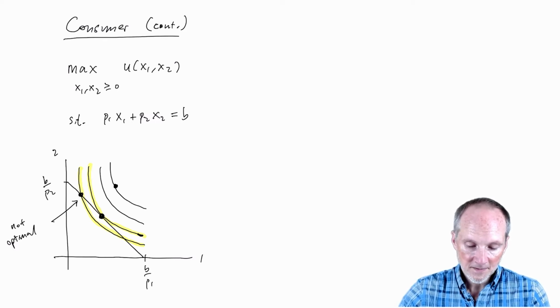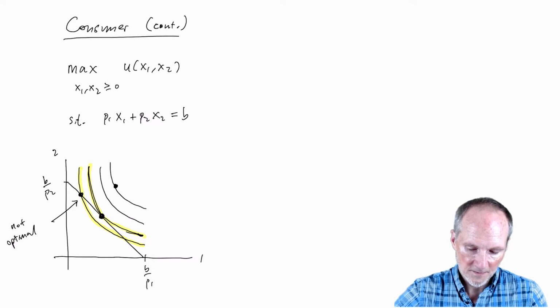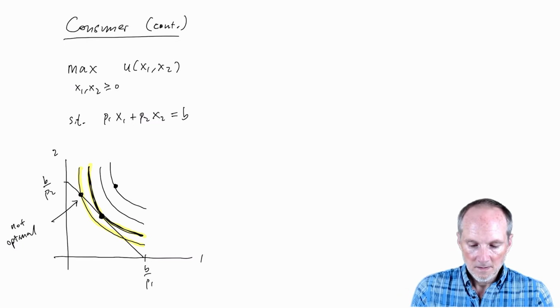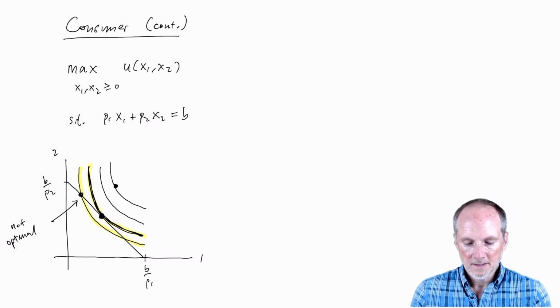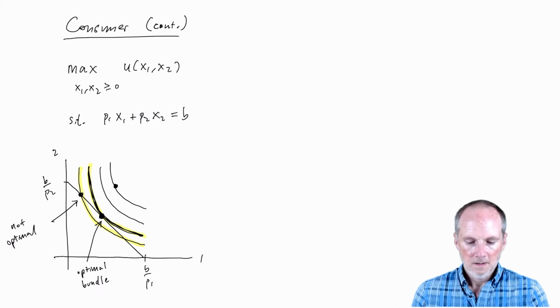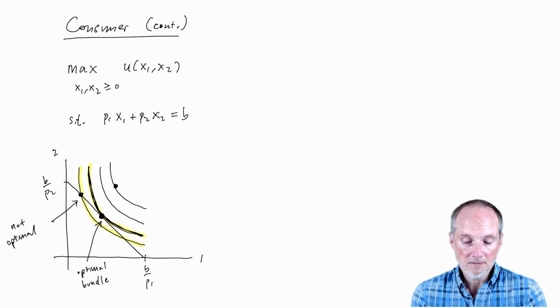The highest indifference curve the consumer can attain while choosing something that's affordable is this indifference curve here. So this bundle that I've indicated is actually the optimal bundle. All right. So that is a picture of optimality in the consumer model.